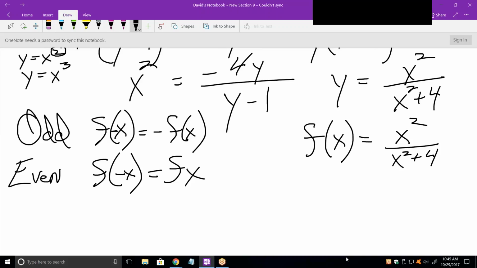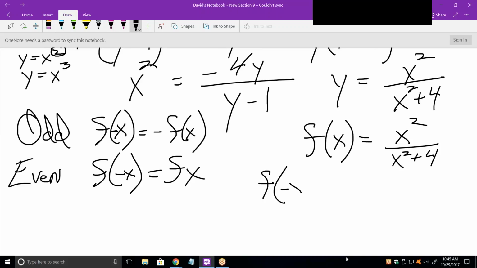This is what you have to have for symmetry about the origin, and this gives you symmetry about the y-axis. We'll get to the x-axis in a bit. But for the moment, we'll figure out whether it has symmetry about the y-axis and the origin. Those are the two easiest tests. So let me apply that test.